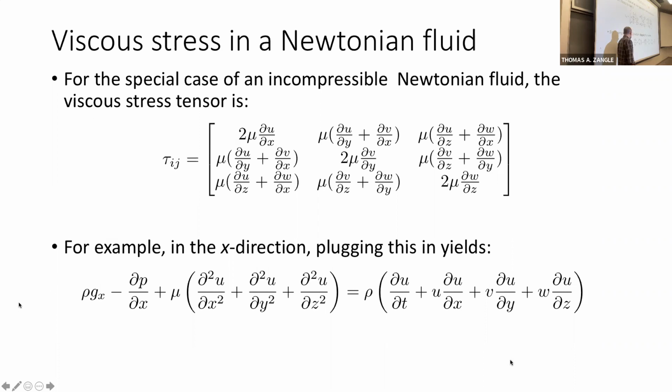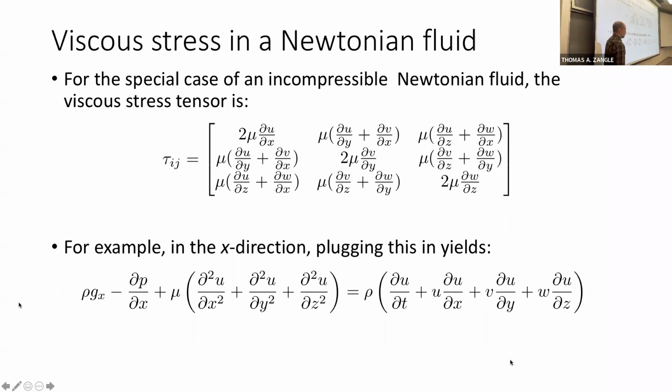It's coming back. Mu times the second derivative of u with respect to x, plus the second derivative of u with respect to y, plus the second derivative of u with respect to z, equal to rho times Du/Dt, right? Capital D u dt.